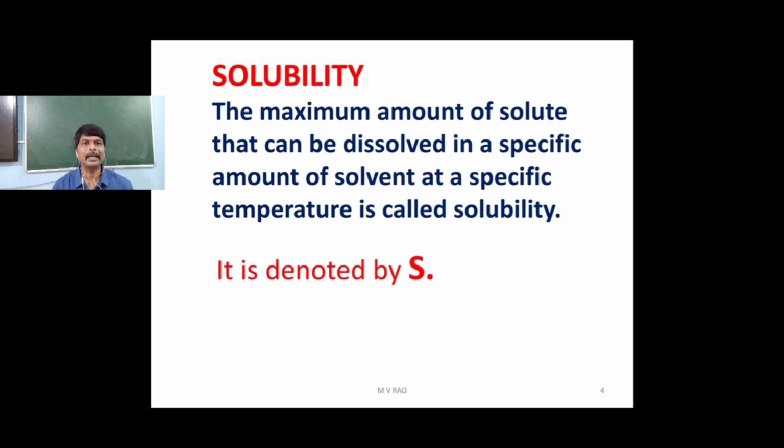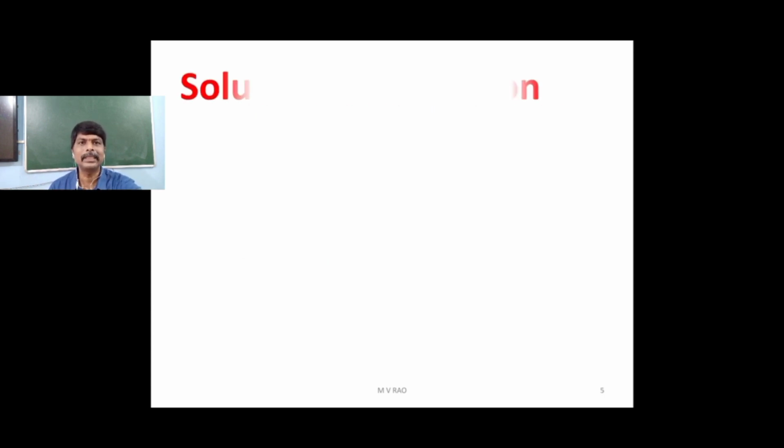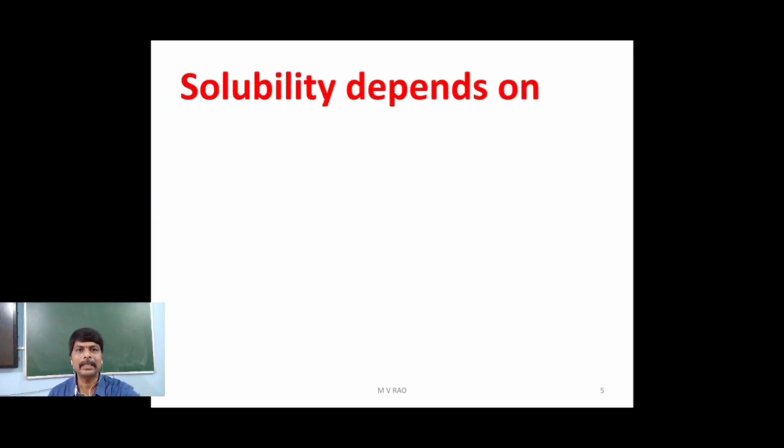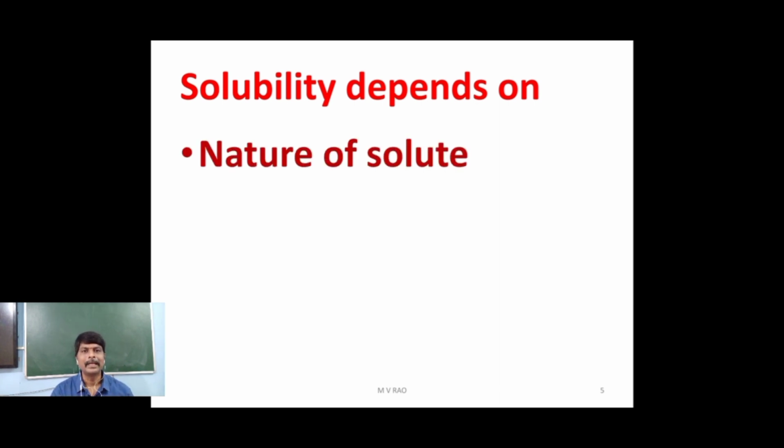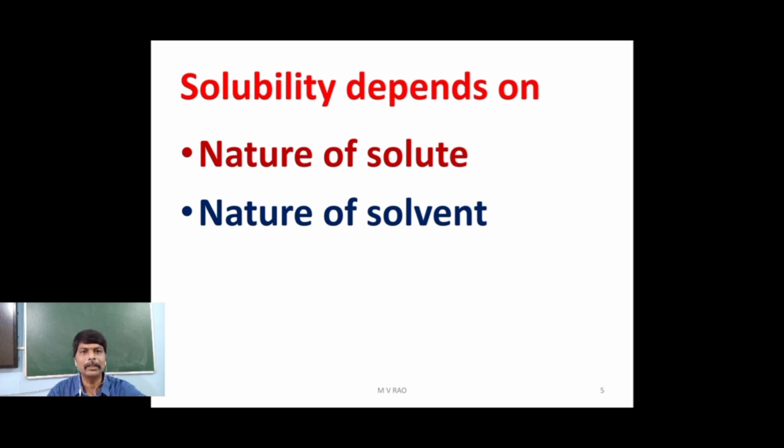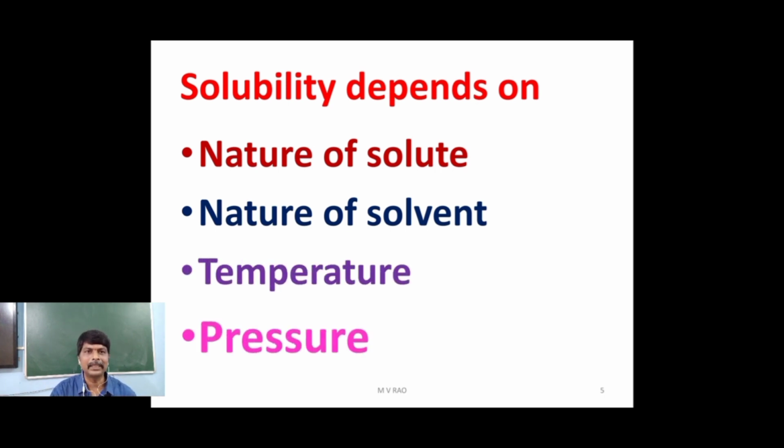It is denoted by S. Now you see, solubility depends on 4 factors: nature of solute, nature of solvent, temperature and pressure. Normally these are the factors influencing solubility.